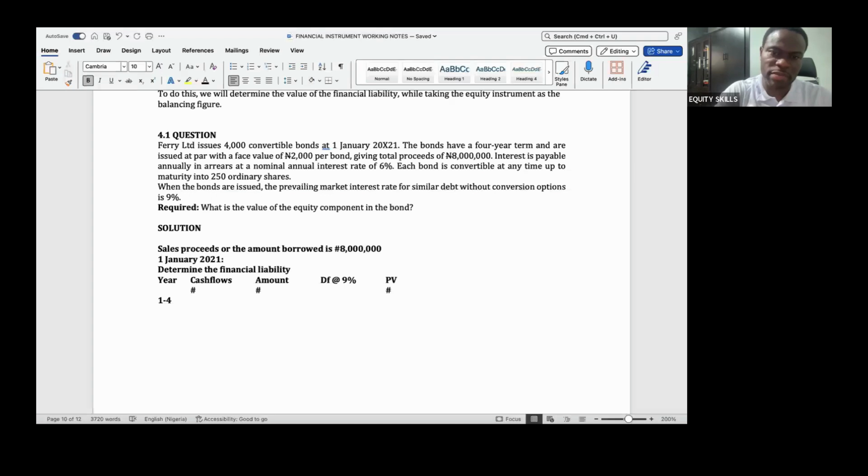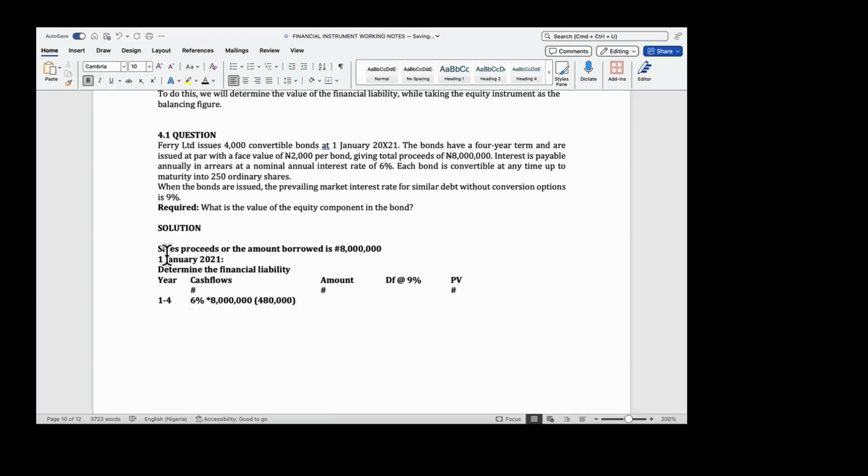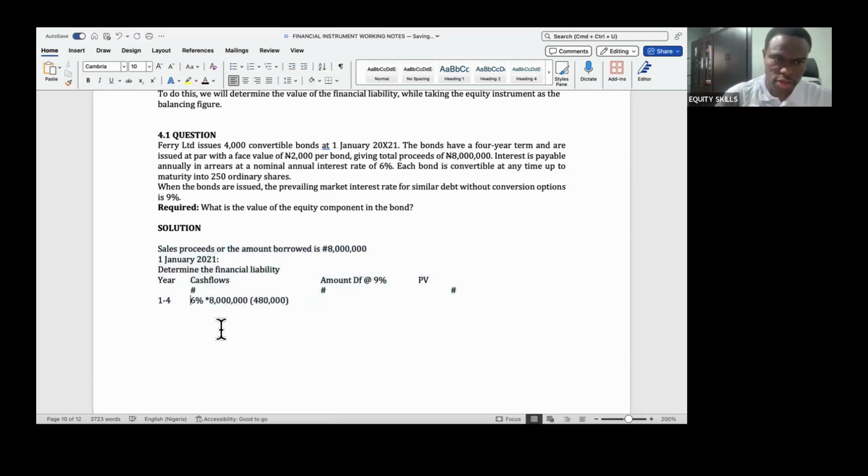So first, you will determine the present value of the interest. So how much interest are we talking about here? It's 6% of 8 million. How much would that give us? That should be 480K, what I can see here. Right? So let's say this is the interest.